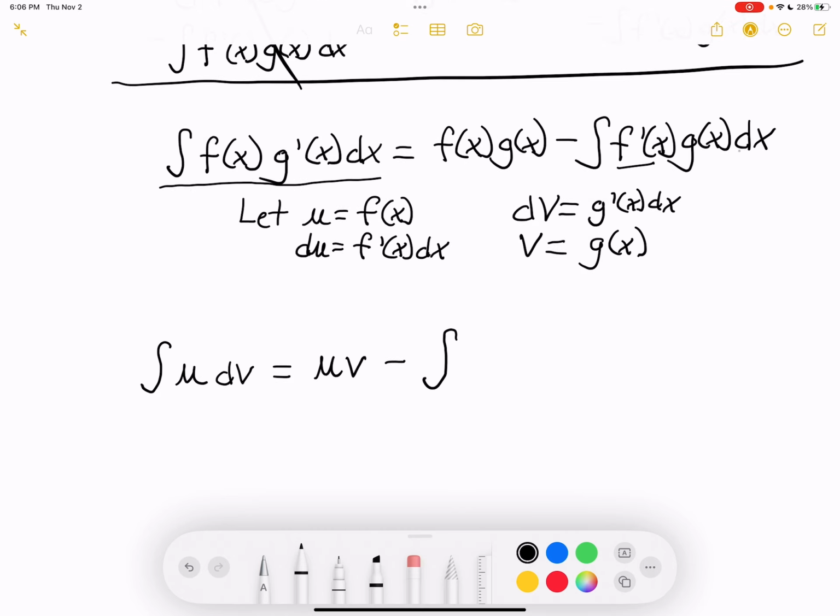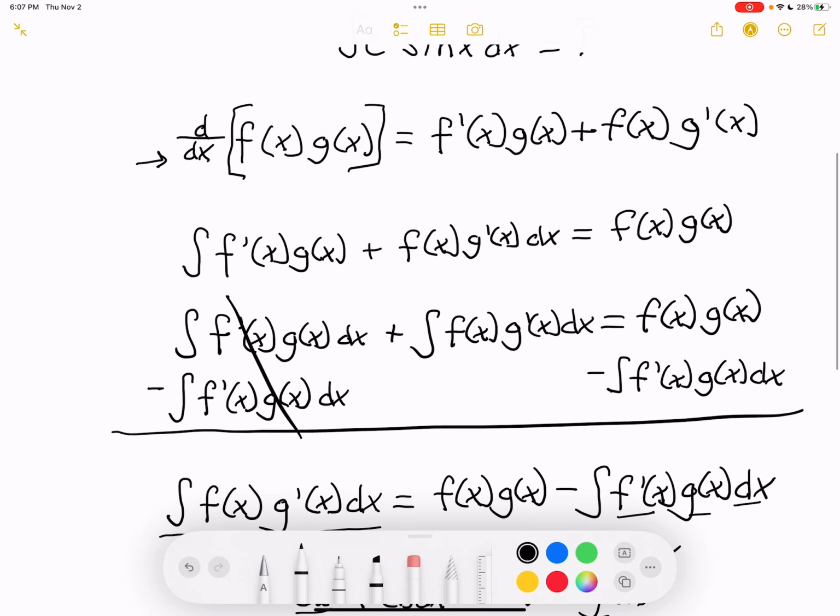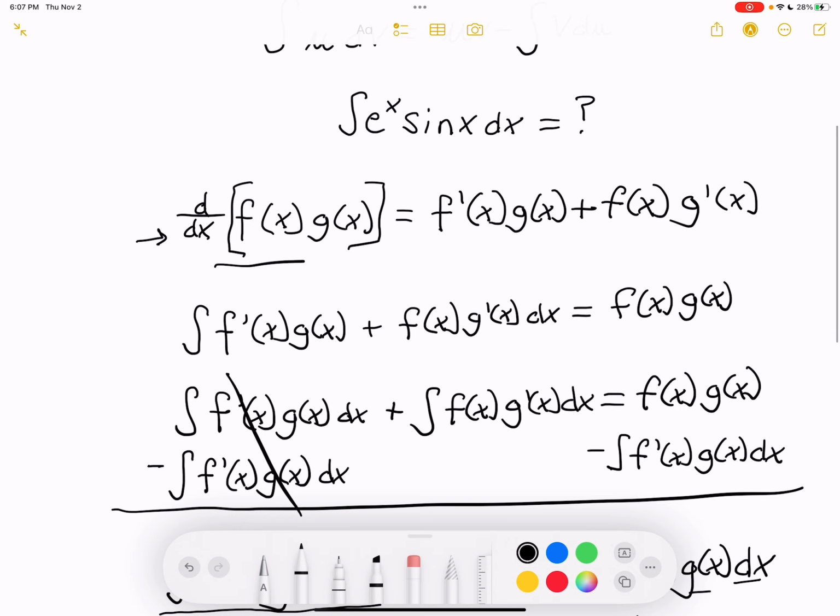So f prime of x dx is du. And then g of x is v. So this is going to be the integral of v du. And that, ladies and gentlemen, is the formula for integration by parts. And that is the derivation of the formula from the product rule.